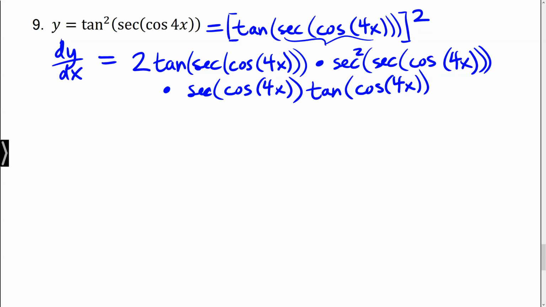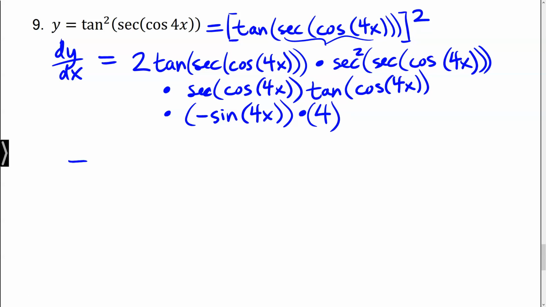It's just because the derivative of secant is itself a product of 2 things. It's secant times tangent. Okay, we're still not done. Now we're looking at cosine of 4x. The derivative of cosine of 4x would be minus sine of 4x, because the derivative of cosine is minus sine. And then finally, now we've peeled back all the way to the last layer, 4x. So we're just left with a factor of 4.